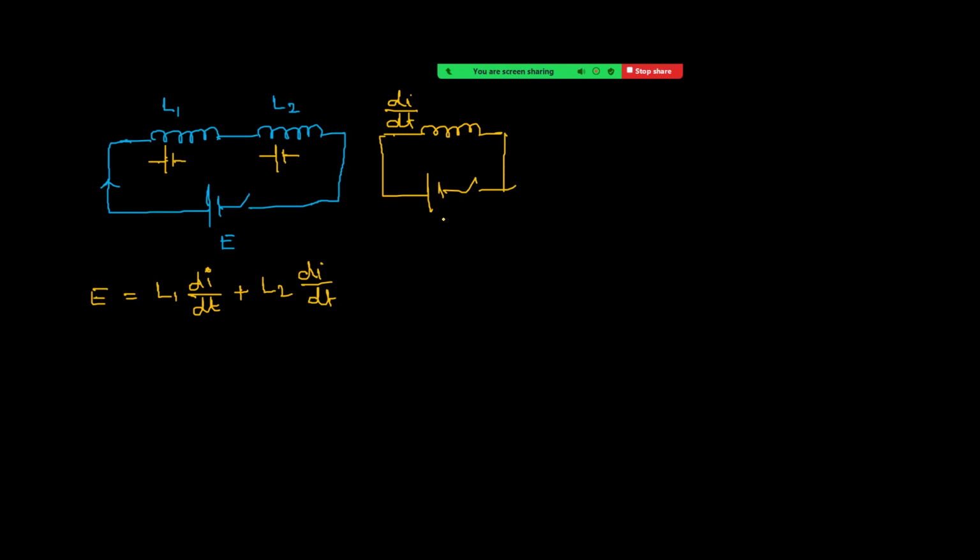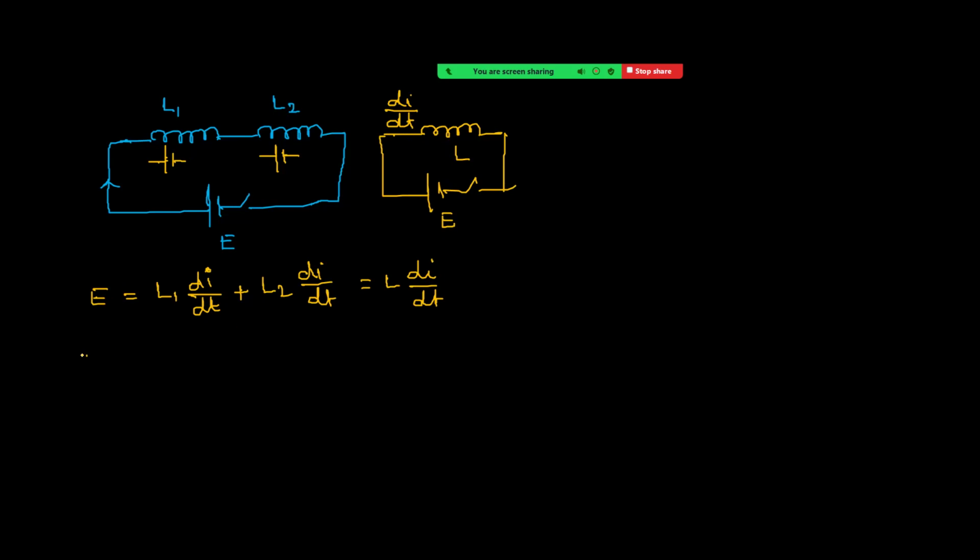That means E must be equal to L into di by dt. I'm repeating once: if you want to replace these two inductors with a single inductor, for the same change in current, we have to get the same EMF. Therefore, L di by dt is equal to the EMF of the battery.